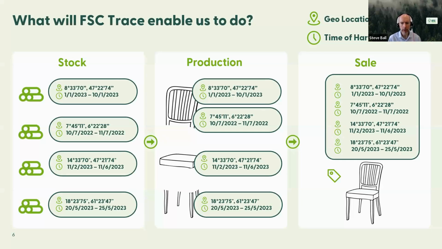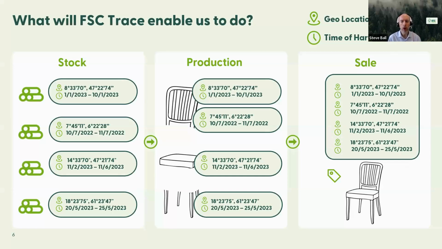It's about traceability, and here we've got what is quite a simple example actually in the forestry sector. We have a wooden chair made up of components from 4 different forests.